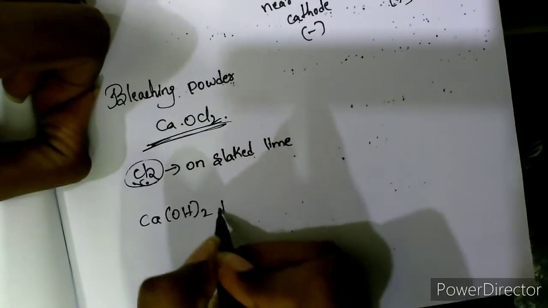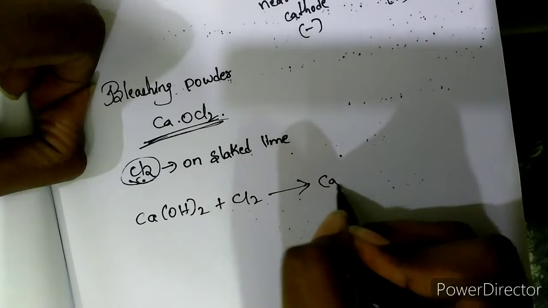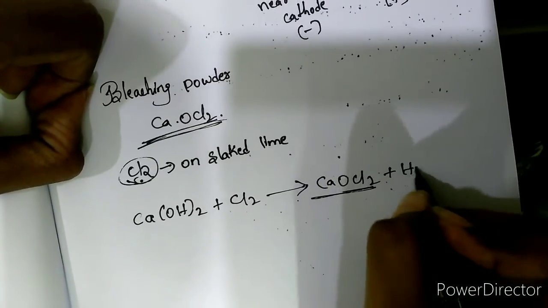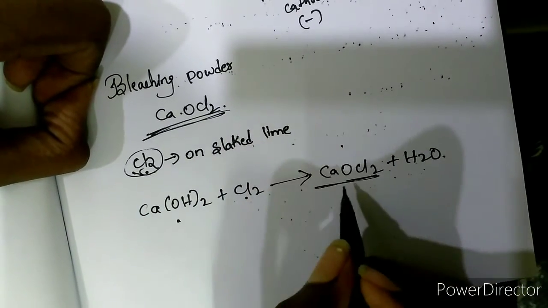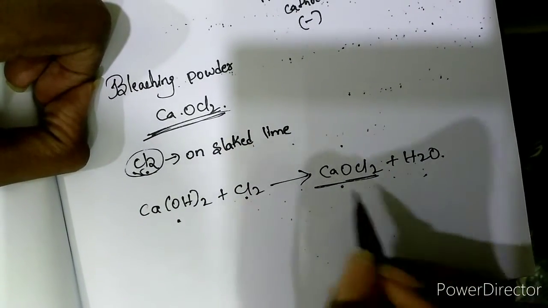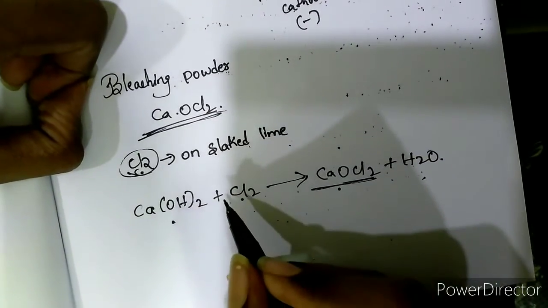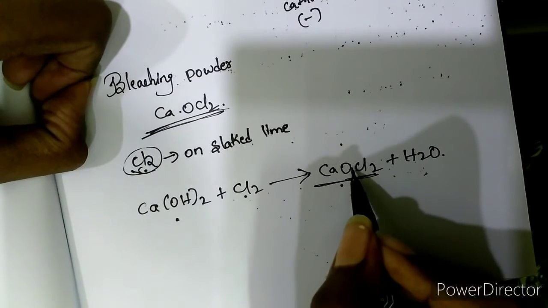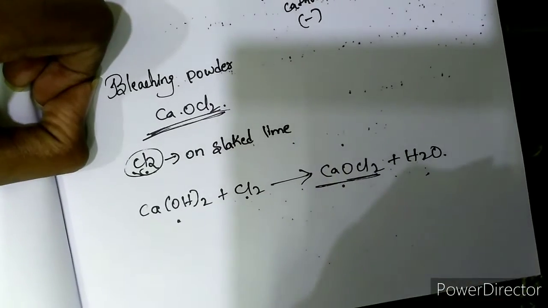This is dry slaked lime, action of chlorine, Cl2, gives rise to CaOCl2, nothing but bleaching powder, plus water, H2O. Chlorine acts on dry slaked lime to form bleaching powder and water. Here bleaching powder is obtained from chlorine. Chlorine is obtained from common salt. So indirectly we can say that bleaching powder, nothing but calcium oxychloride, CaOCl2, is obtained from common salt.